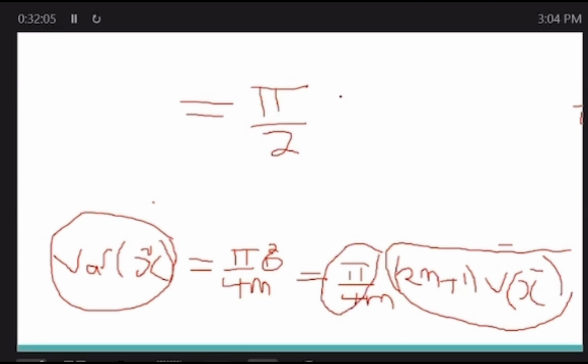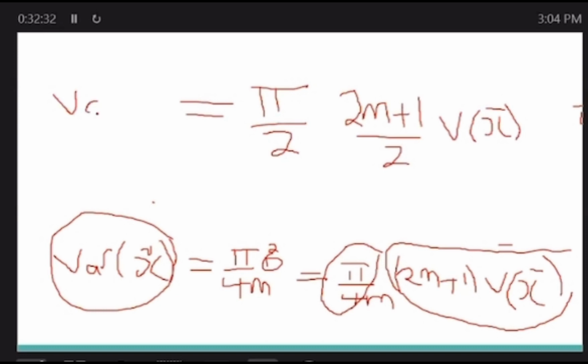And I write 2m plus 1 divided by 2. You can see the 2 times 2 is 4, right? Then the variance of the sample mean.